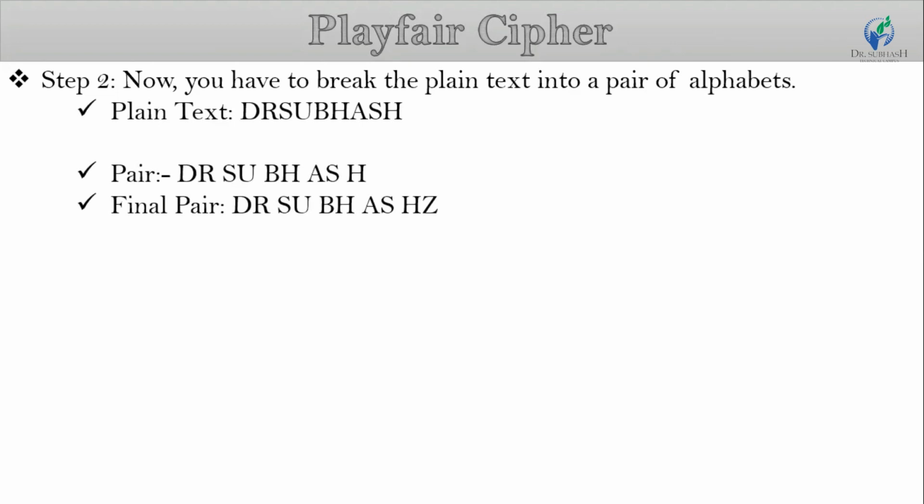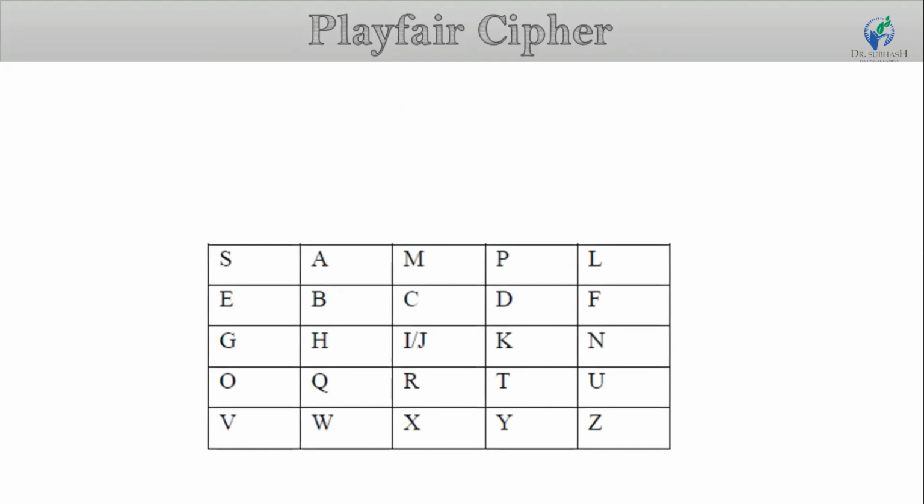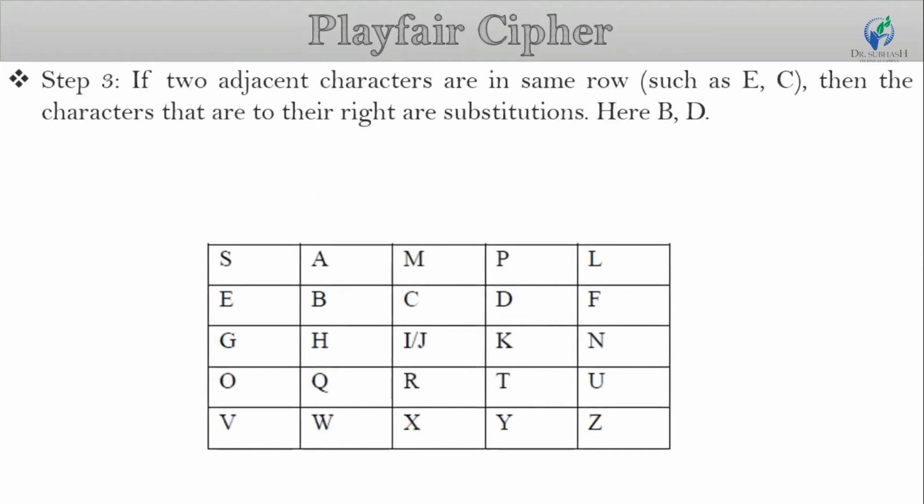Now in the next step, if two adjacent characters are in the same row, such as E and C, you can see E and C are in the second row. Then the characters to their right are the substitutions.